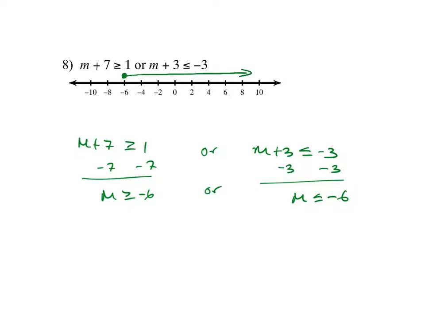Right? And then the other one, m is less than -6. It's that one. So as you can see here, every single real number is going to be a solution of this exercise. Why? Because every single number is going to be greater than -6, or less than -6, or equal to -6.